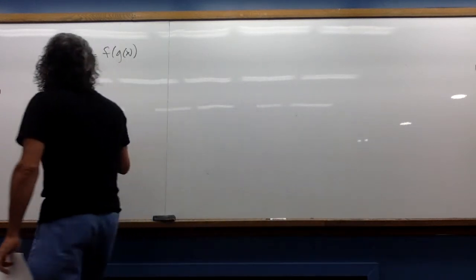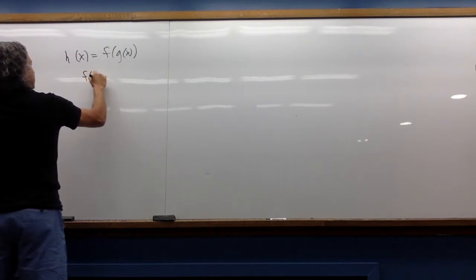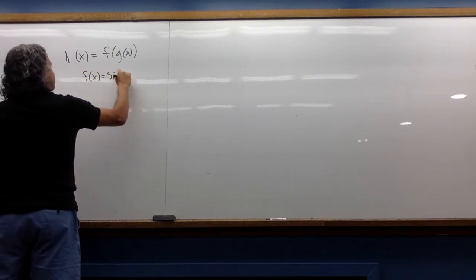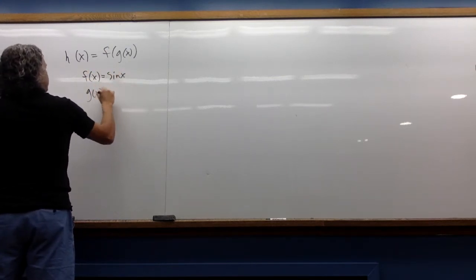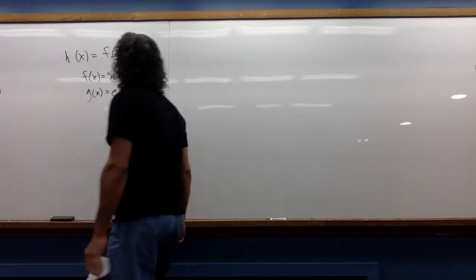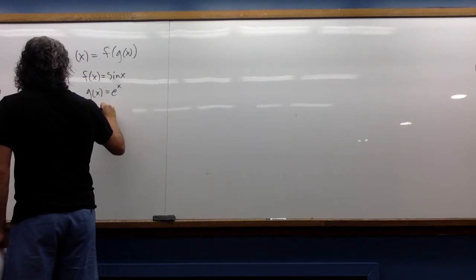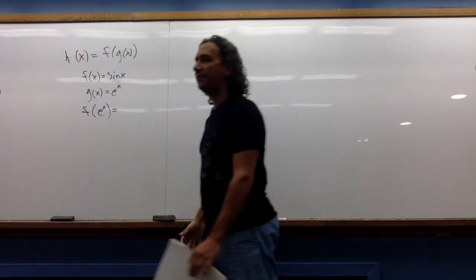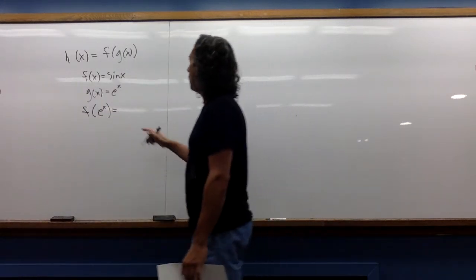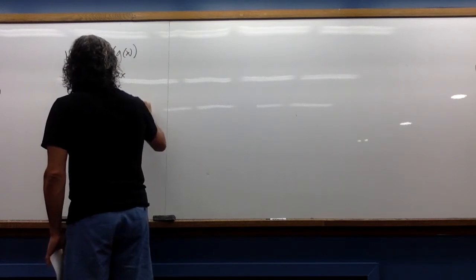So as an example, if f of x is sine of x, g of x is e to the x, then we have that f of g of x is f of e to the x, or sine of e to the x.